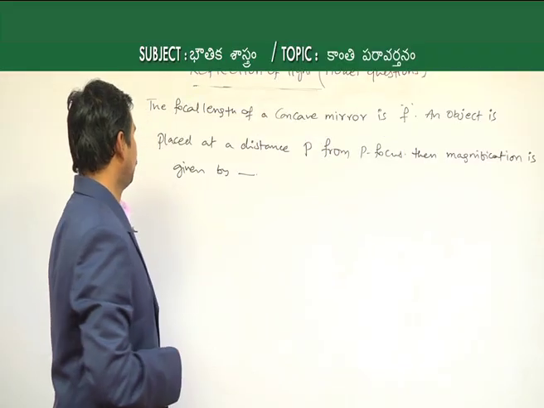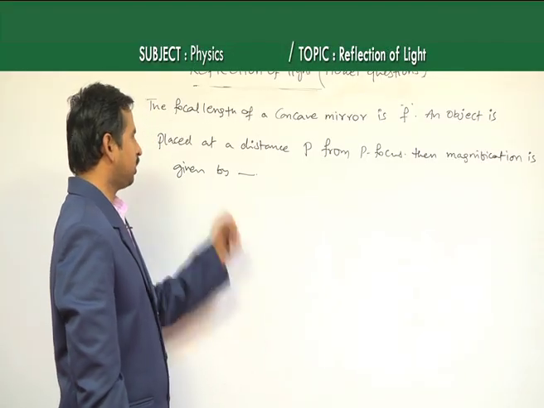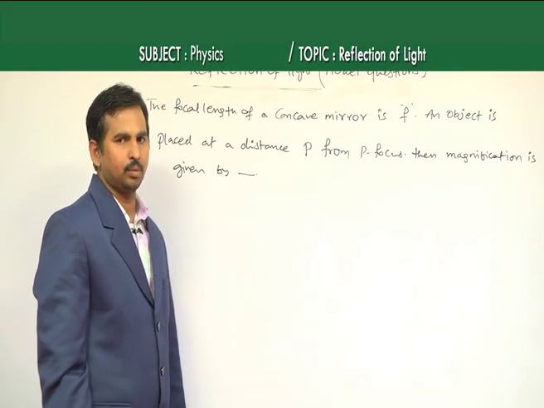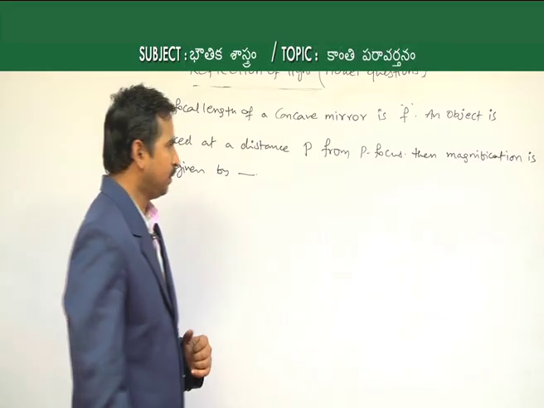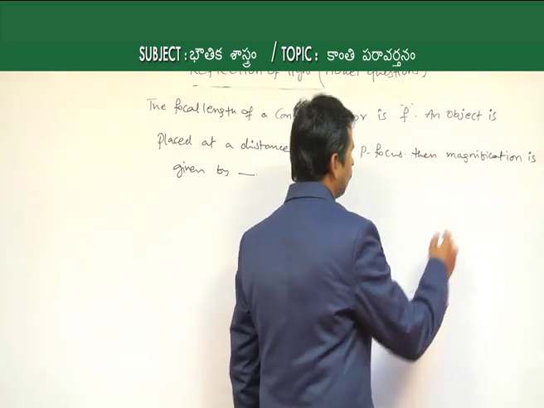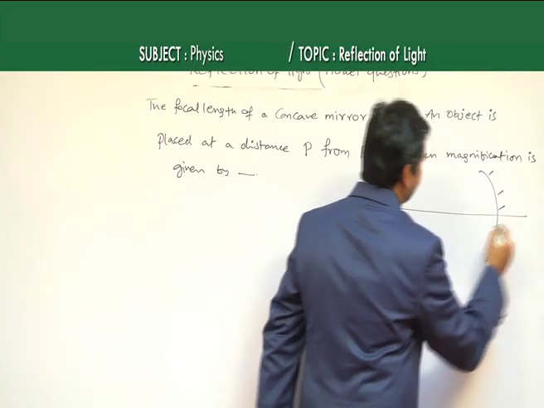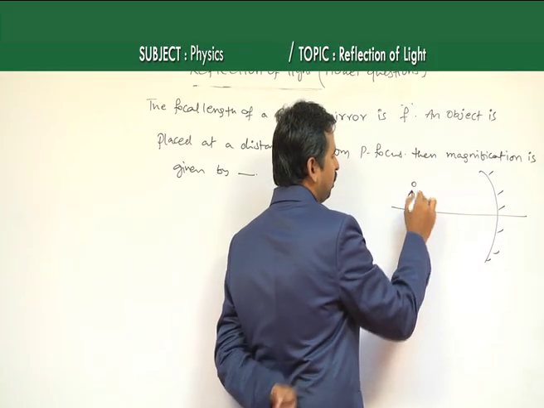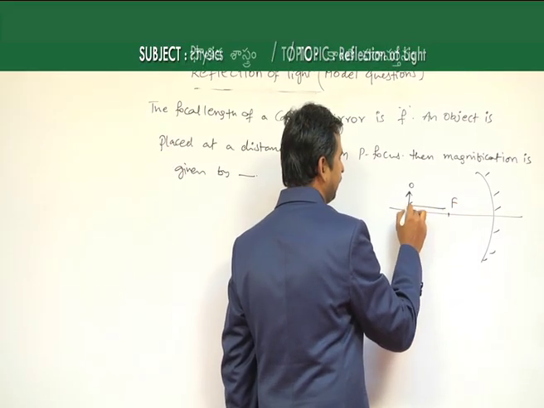Now, the next question is: if the focal length of a concave mirror is f, and an object is placed at a distance p from the principal focus, then magnification is given by? As it is again a concave mirror, the object is placed from the focus at a distance p.